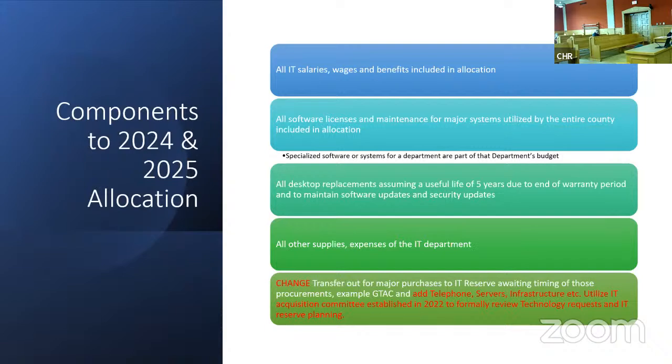For example, the G tax are defined very well, but then the rest of the stuff in there didn't seem like it had ever been updated for many years. So I'm recommending that we actually define it better and make sure that we have good records on what's in that transfer. And right now we're recommending that it covers preliminarily the telephone, servers, and infrastructure should actually be in there.